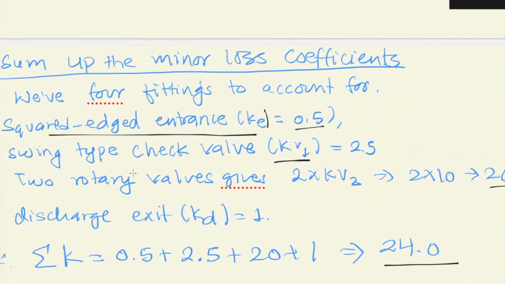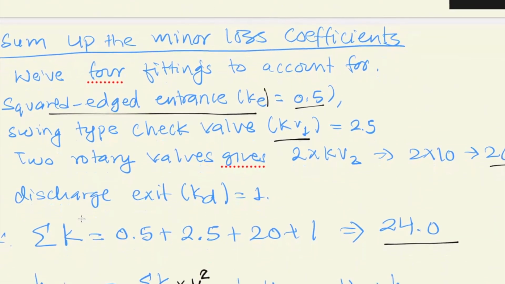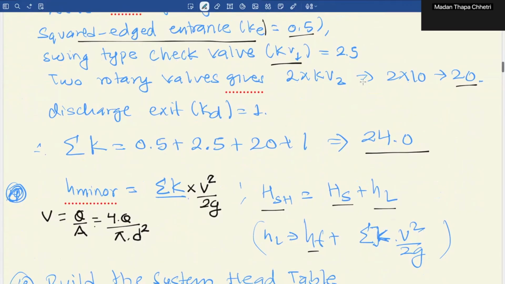And we also need to consider the discharge exit, which is 1. When we sum up the K, we get 24.0. So for H minor, it is the summation of K times V squared by 2g, where V is equal to Q by A. We will be using this to compute the H minor later.